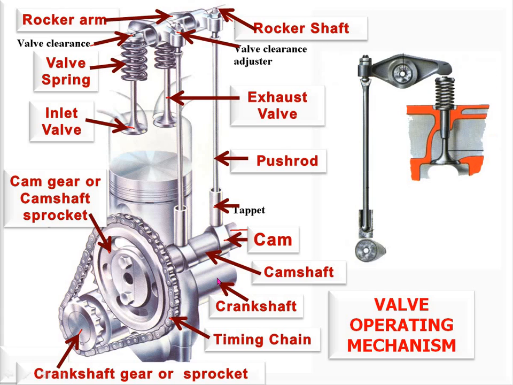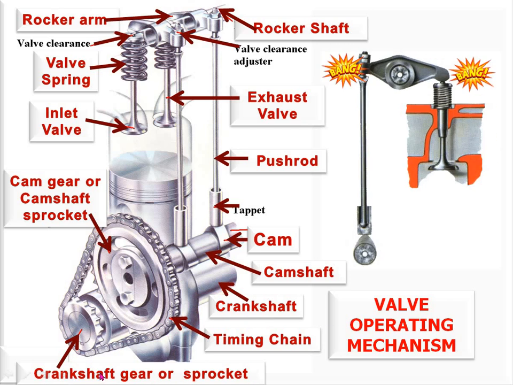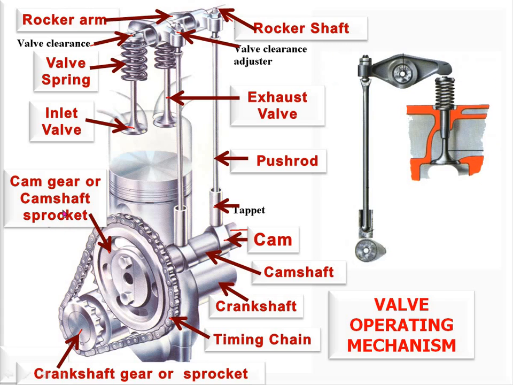This is our crankshaft, and this is our camshaft. So the power to rotate the camshaft is taken from the crankshaft through the crankshaft gear or sprocket joining with the camshaft gear or camshaft sprocket with the timing chain.